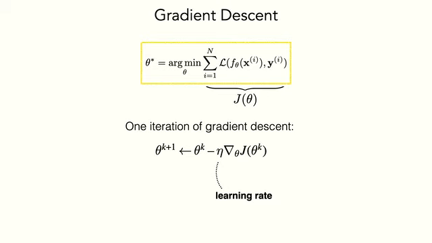Then you calculate what is the direction of change that will optimize that loss or cost function. So now you take the parameters of your model and move them in the direction of the maximal slope of your gradient with some learning rate step value. And that gives you the update to your parameters.